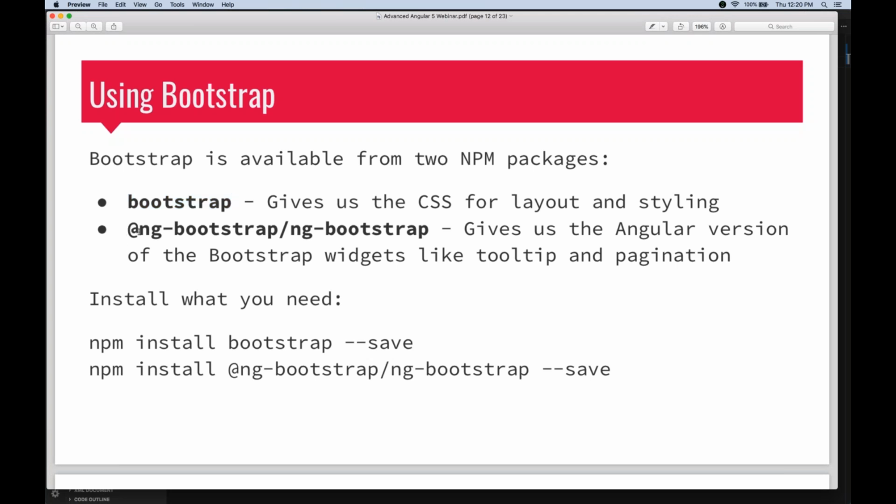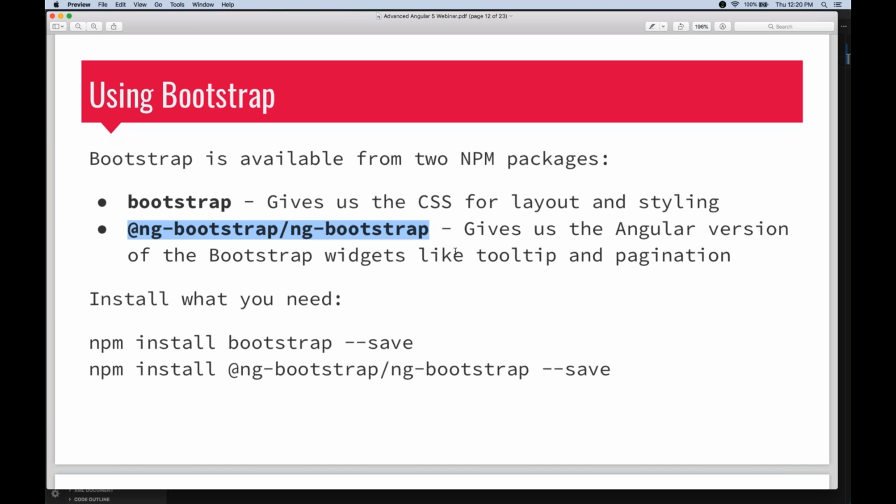There is another NPM package, ng Bootstrap. This is the Angular port, or Angular version, of the Bootstrap widgets, like tooltip, pagination, pop-up dialogues and things like that. By default, these widgets are implemented using jQuery, but the ng Bootstrap project ports them over to Angular, so they are implemented like Angular components or directives.